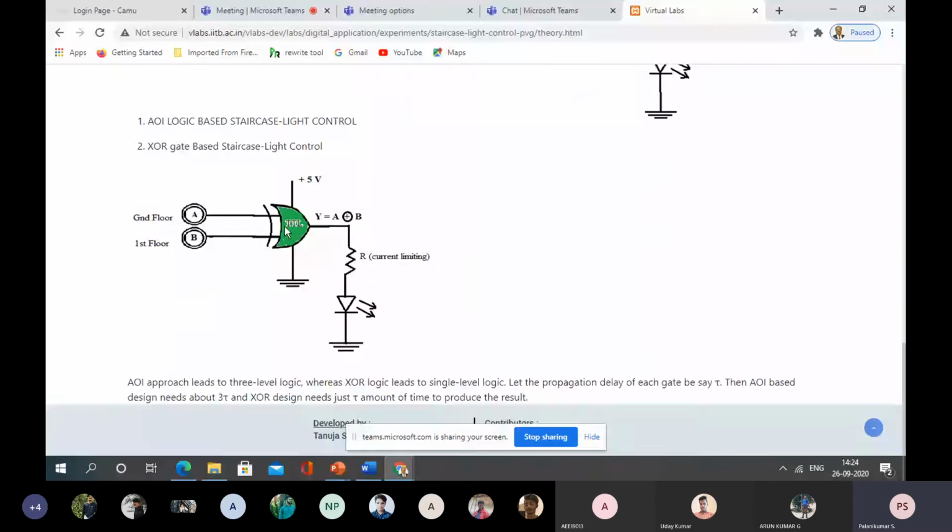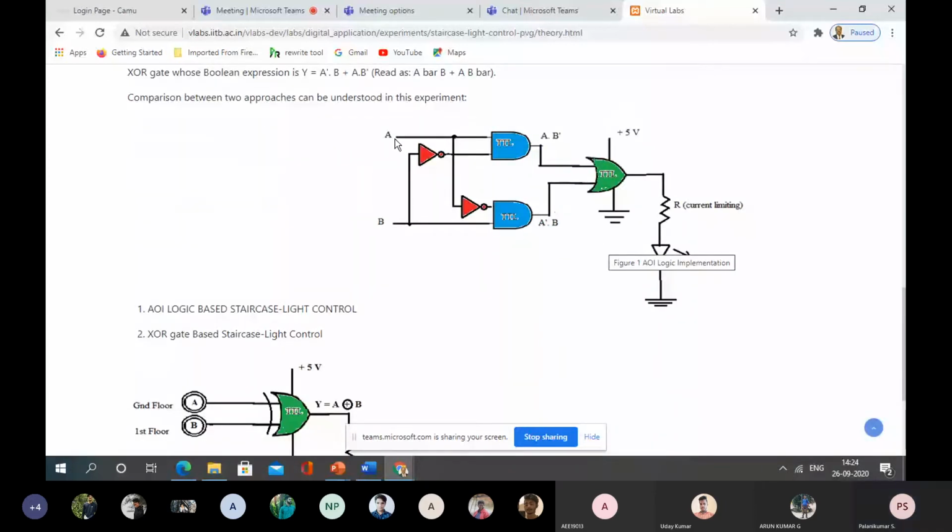For example, if both the inputs are low, what will happen here? Both inputs low means this will also be low, because multiplication by 0 gives 0. Adding 0 plus 0 will be 0 only.